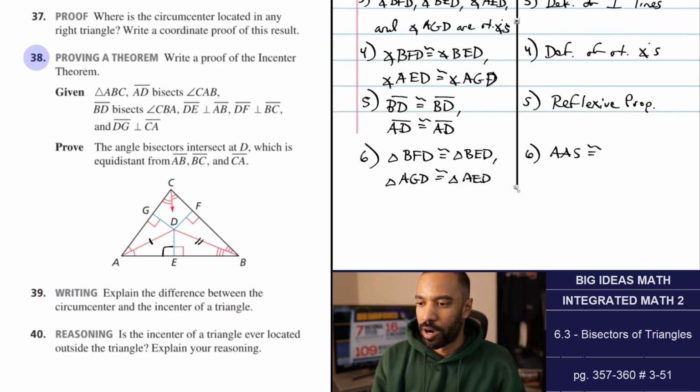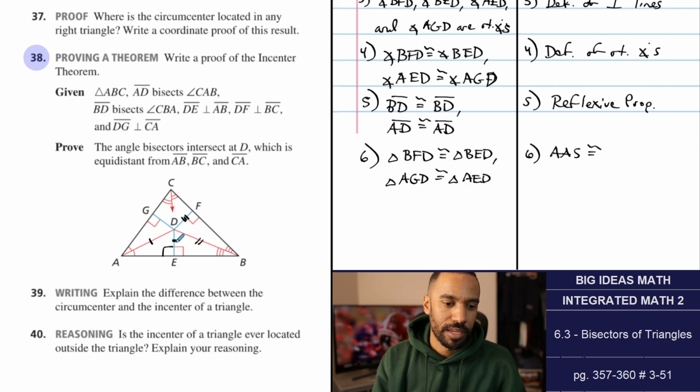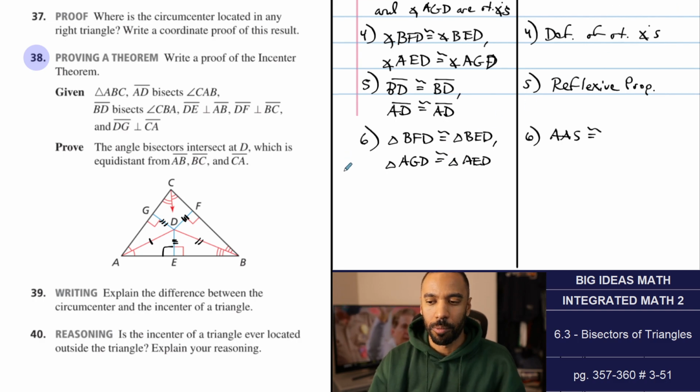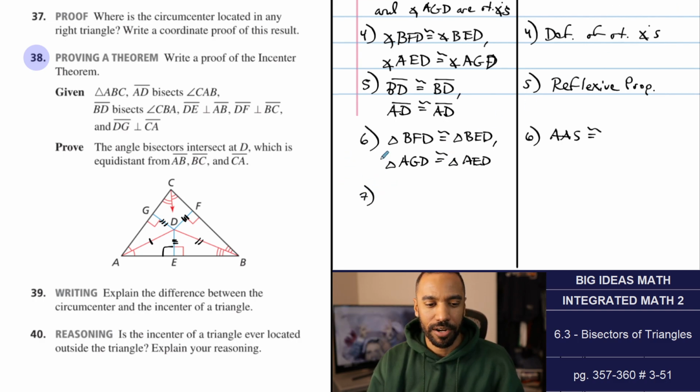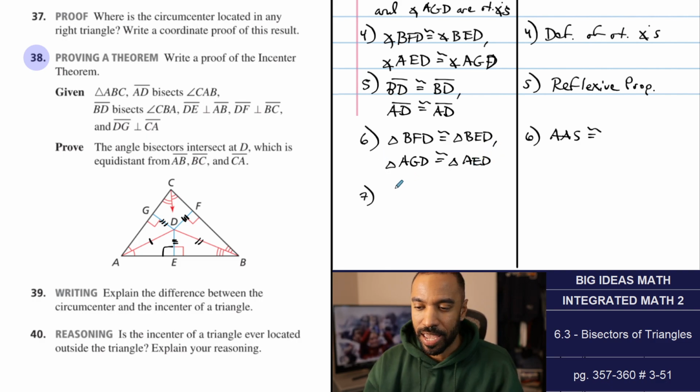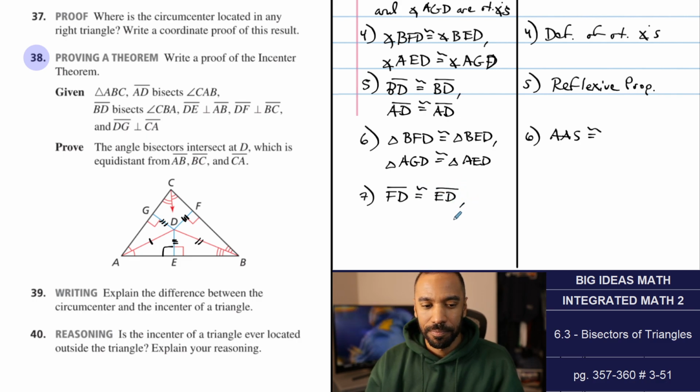Now here's the cool part. By CPCTC, we can say that this segment here is congruent to this segment, and that this segment here is congruent to that segment. But here's the really cool part about this. There's a shared segment in both of those, that ED. So I'm going to say FD is congruent to ED, and GD is congruent to ED.